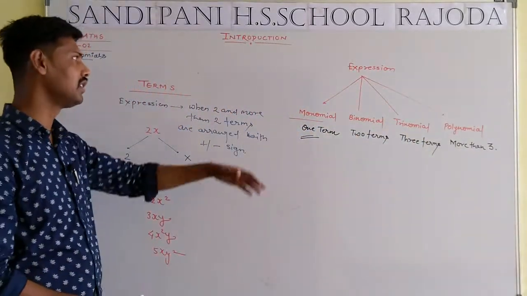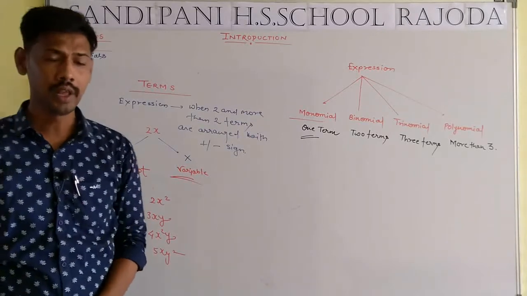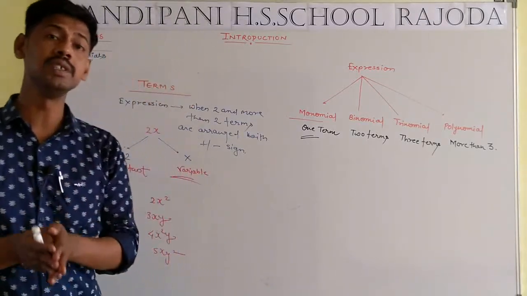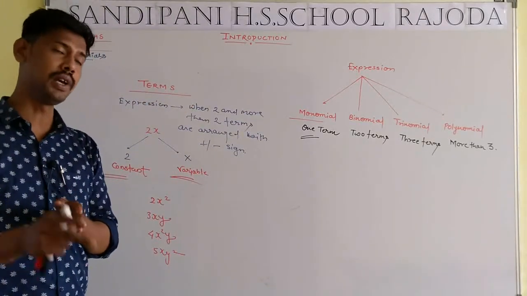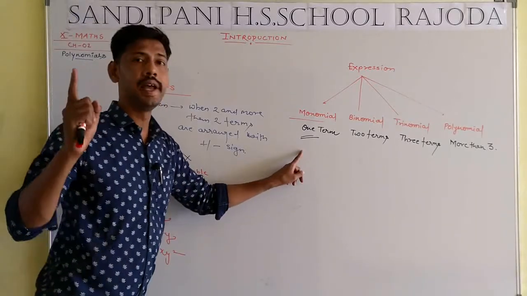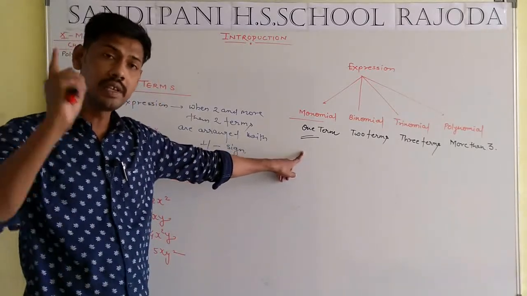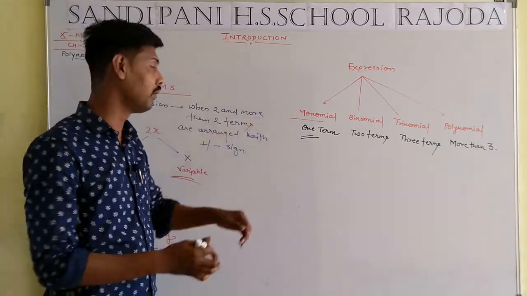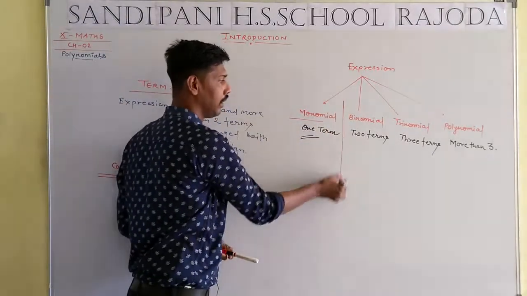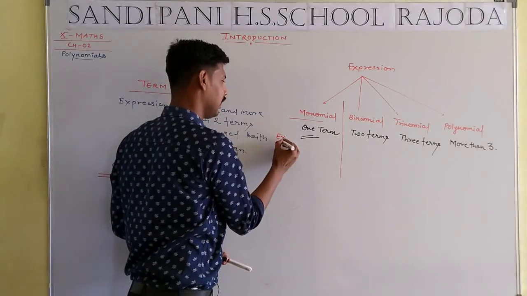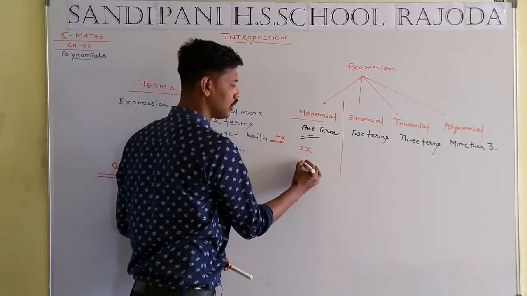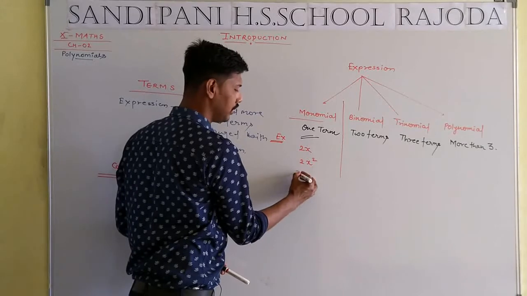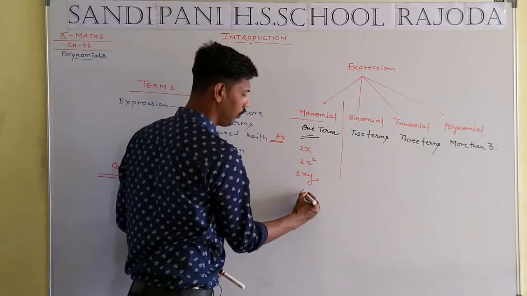Simple definition. What is the proper meaning of expression? Expression means a combination of terms. When the expression consists of a single term, that means one term, it is known as a monomial. Examples are 2x square, 3xy, 4x square y.